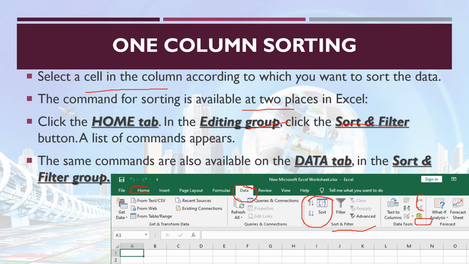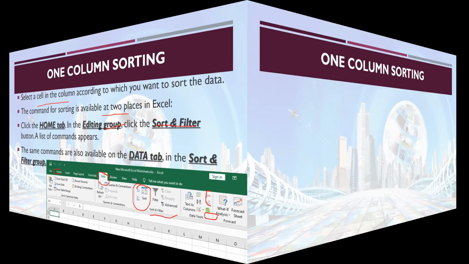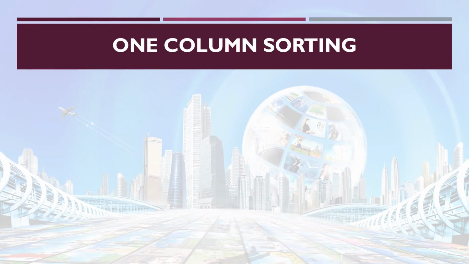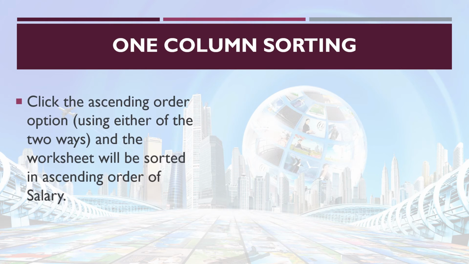So the sorting option is available in 2 places, the home tab and the data tab. Using either of these 2 ways, you click the sorting option, and then you can choose ascending or descending order as you wish.